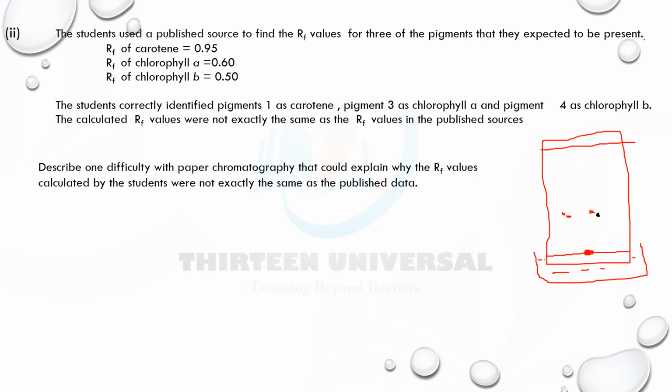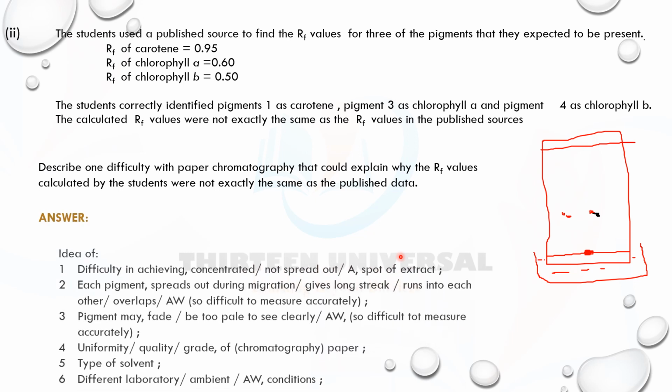It's difficult to now determine it where they overlap. So two of them overlap. Do you get? So it's difficult to determine that. So these are difficulties. And of course, if you don't have a suitable solvent, it can affect their solubilities and how they move. So they introduce errors.